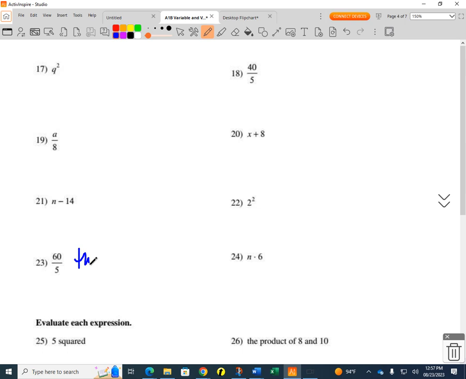The quotient of 60 and 5. Now, there are other ways to do that, because when we go from math to words, we have a lot of ways to do it. So if we want to keep it simple, it's just 60 divided by 5. That's another way to write it.